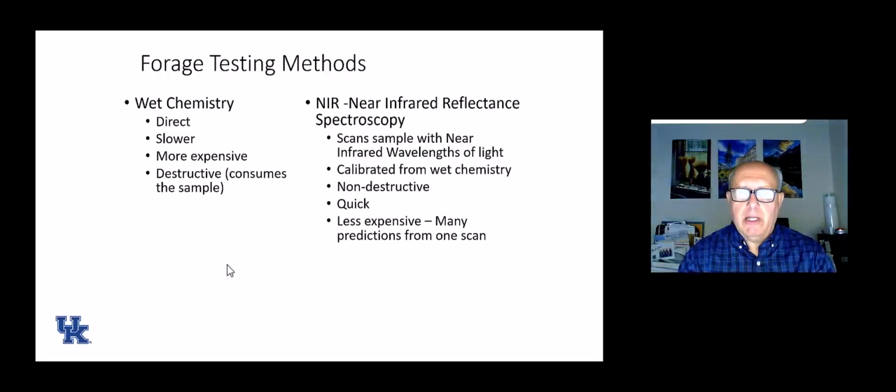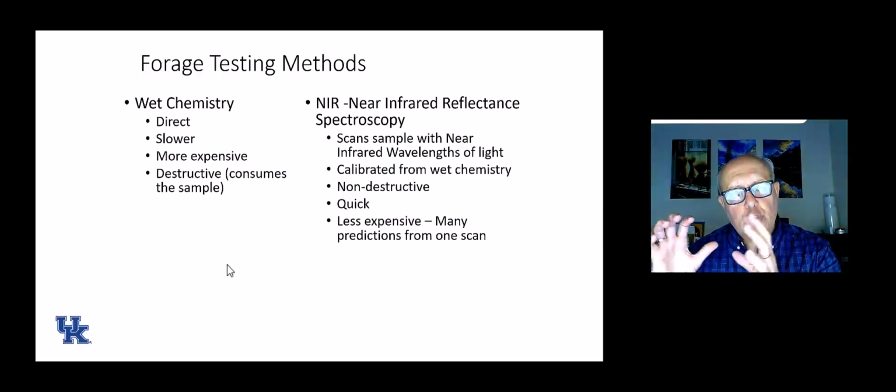Now, NIR is used for about 90% of all samples that get tested, but should we use wet chemistry? If we think that the sample we are testing does not exist, or we fear that there are no samples like it in the calibration set for NIR, then wet chemistry might be helpful.